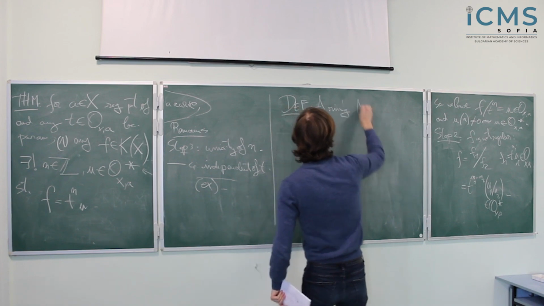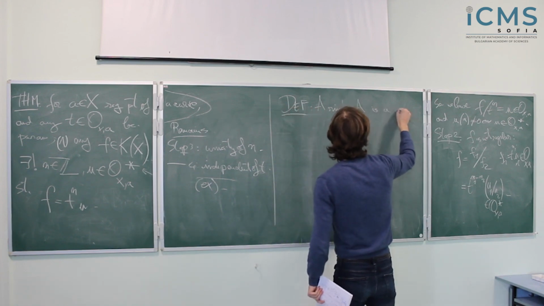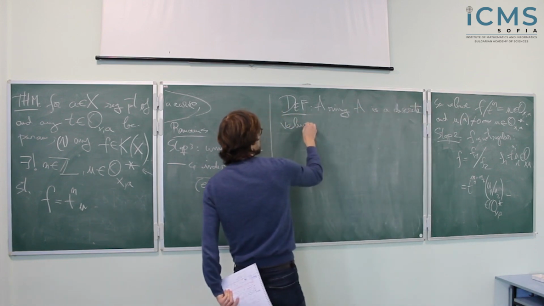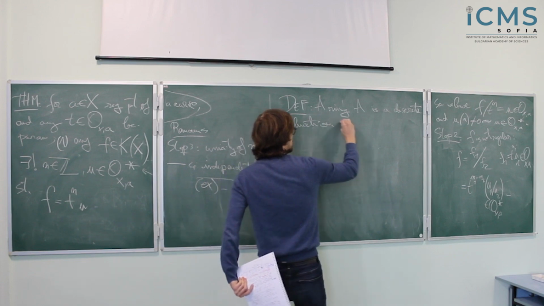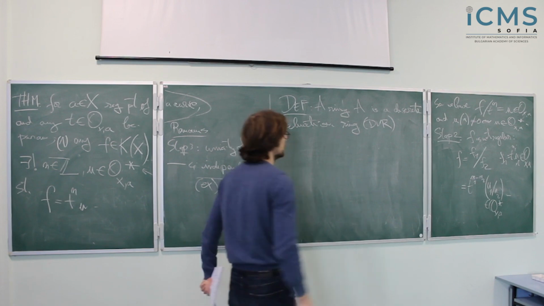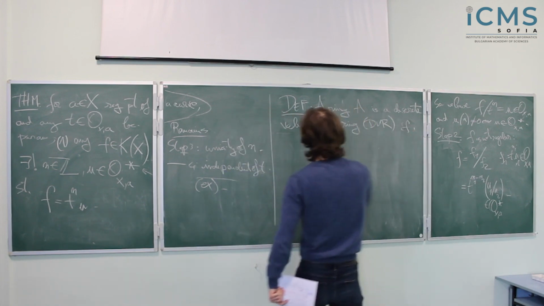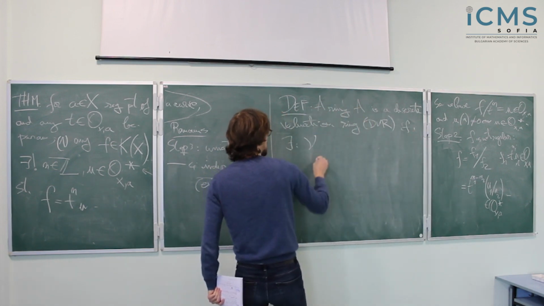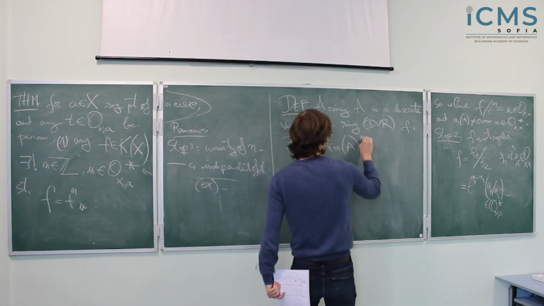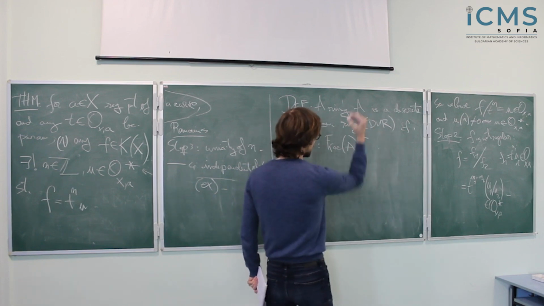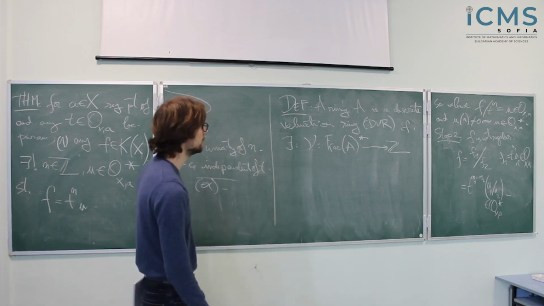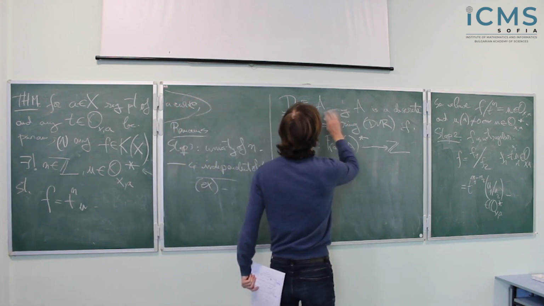A ring A is a discrete valuation ring if there exists a map mu from its fraction field, where we get rid of 0, to Z.